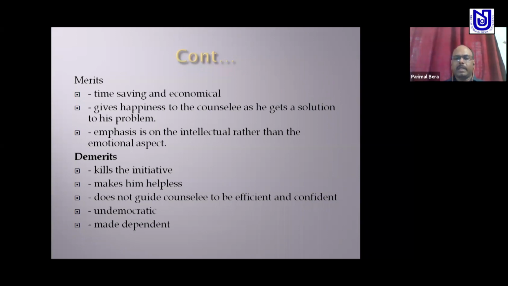But when we talk about directive counseling, as I am giving you the suggestion, your inner world, your inner child, may not work out the solution. As a result, I am killing the initiative of the individual, making him helpless.